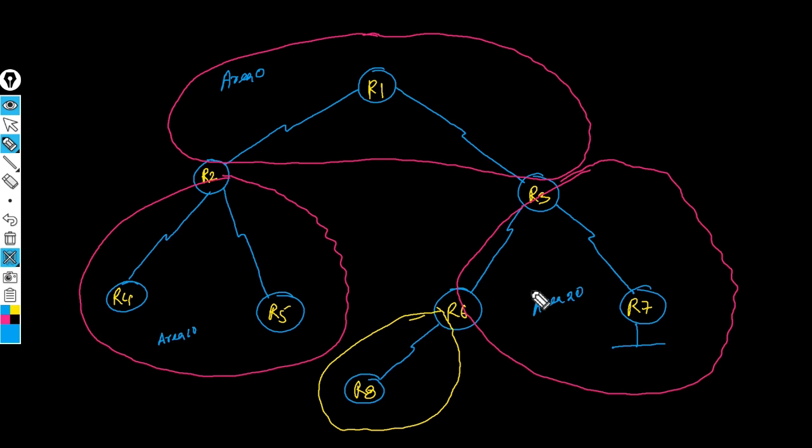Now see, I have my area 0. This area 0 will be considered as my backbone area. Apart from area 0, all other areas are considered non-backbone areas.